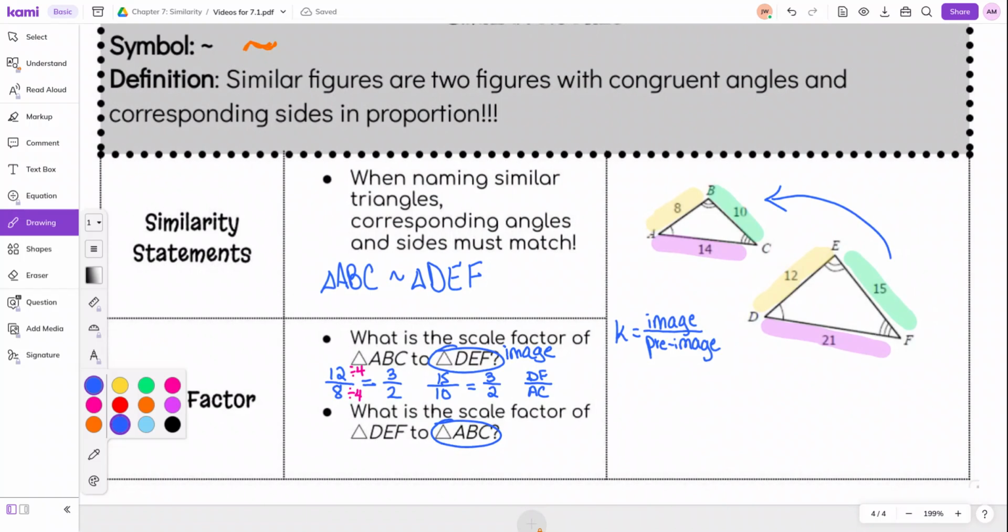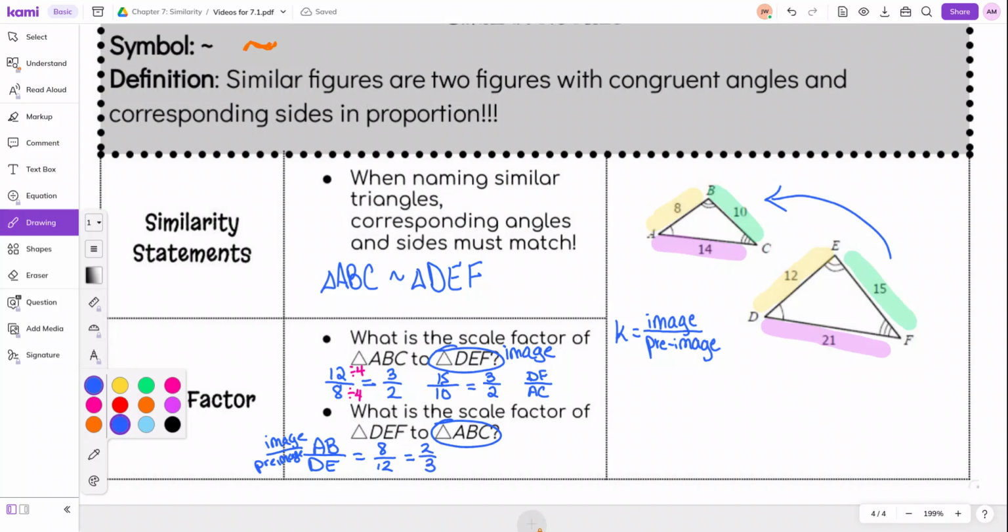So here, let's say AB is on top, AB over DE, because that is a side of my image over a side of my pre-image. And the ratio of AB to DE is 8 to 12, which in simplest form would be, this time, 2 to 3.